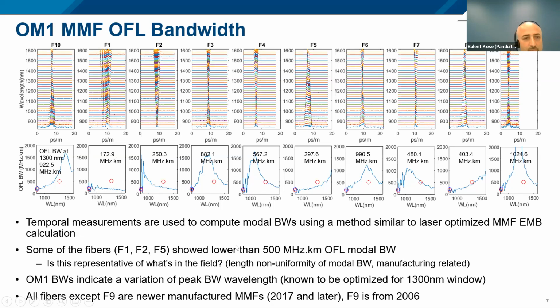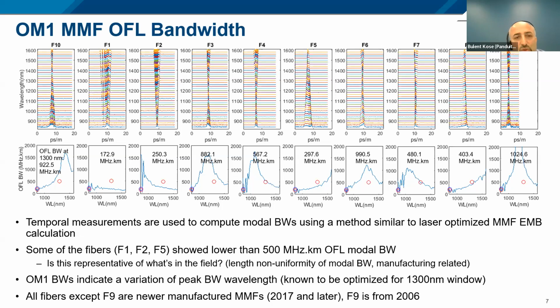Something I wanted to mention at this point is, when you purchase OM1 fiber, most probably as the user you're not going to measure its bandwidth, and most probably it will have enough bandwidth. It will be compliant.